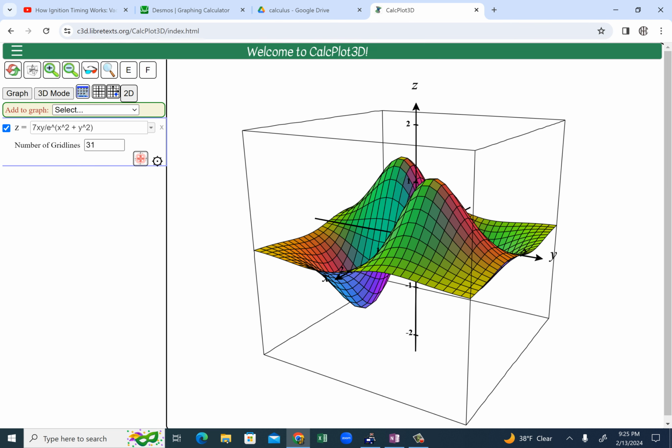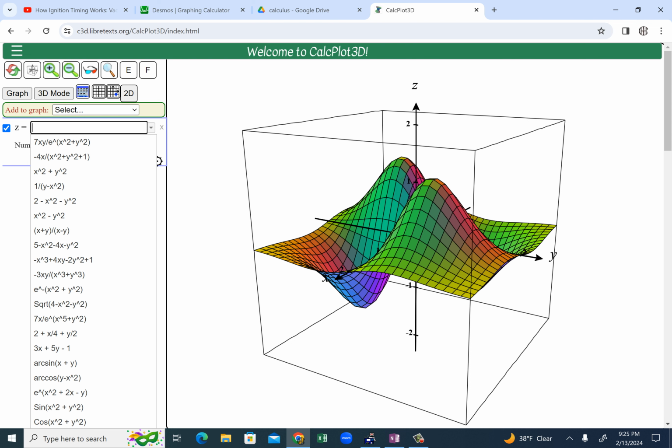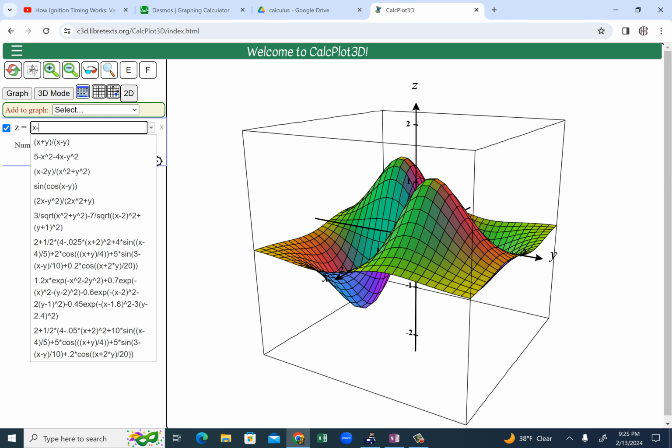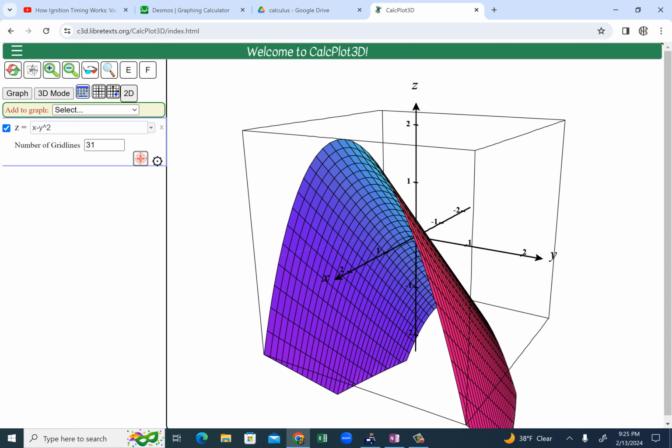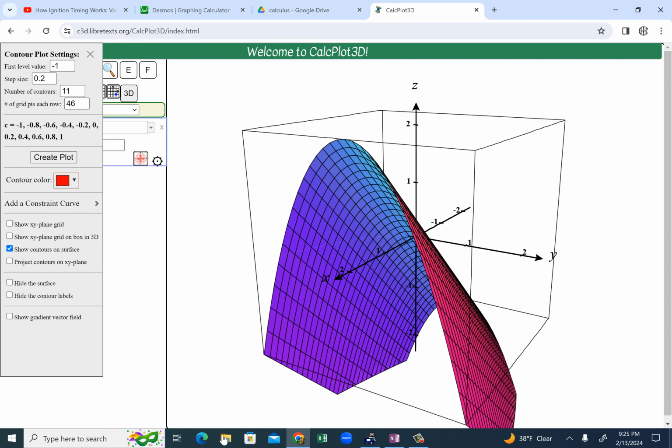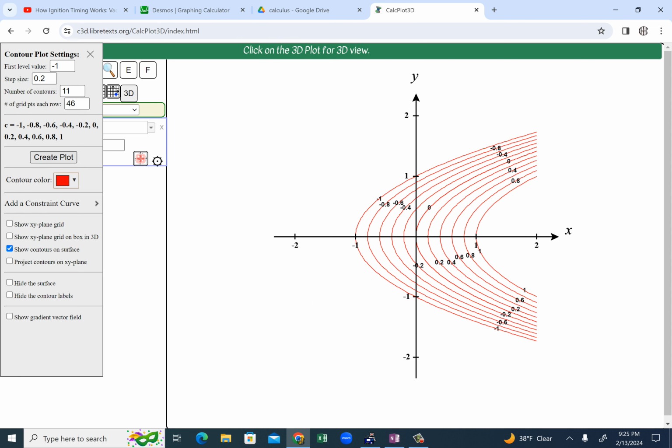So if you were to come in and type z equals x minus y squared, that's what she looks like, right? And then if you do this little guy here, there's your level plot. Basically what I drew. So anyway, that's the game. That's what I would do. Hope that helps.